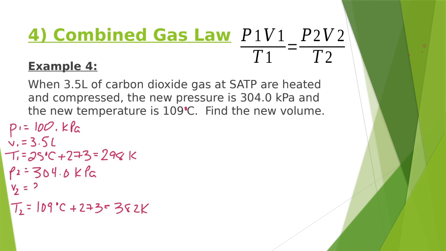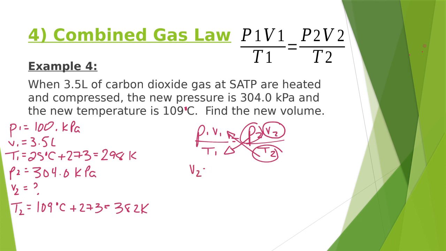So we want to know what is V2. And so we take our combined gas law, and we need all the variables, and we're going to rearrange to solve for V2. So let's just set it up here for you, and then we'll get you guys to calculate this on your own. So if I want to solve for V2, I got to move P2 out of there. I'm going to bring it down, and I'm going to take T2 and cross multiply it up into the numerator.